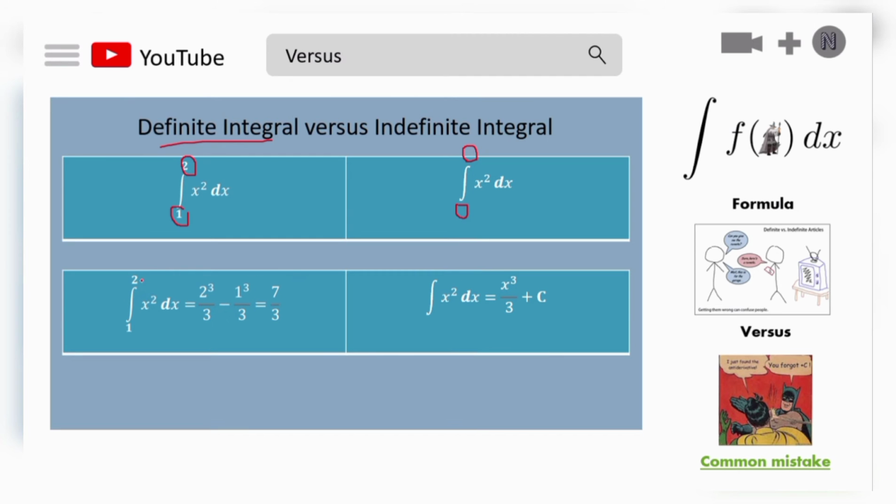For the definite integral, when we integrate x squared, we can solve it like this: x to the power of 2 plus 1 over 2 plus 1, so we get x cubed over 3.